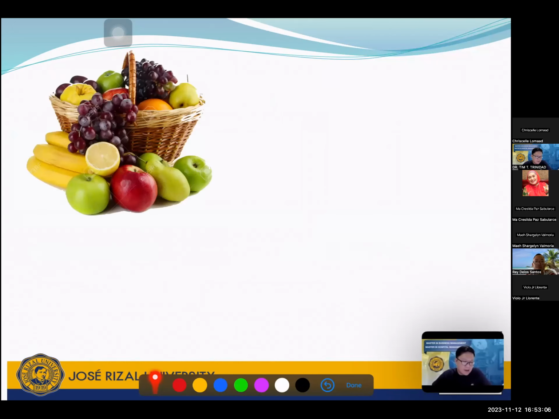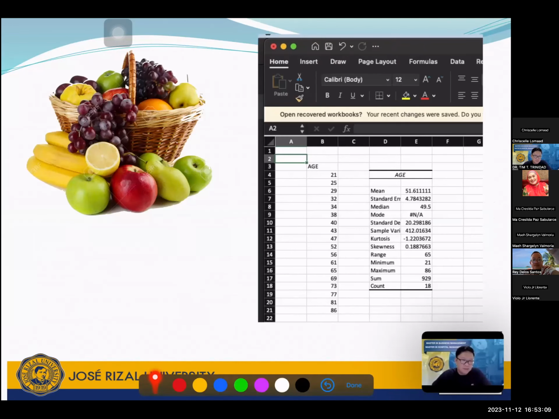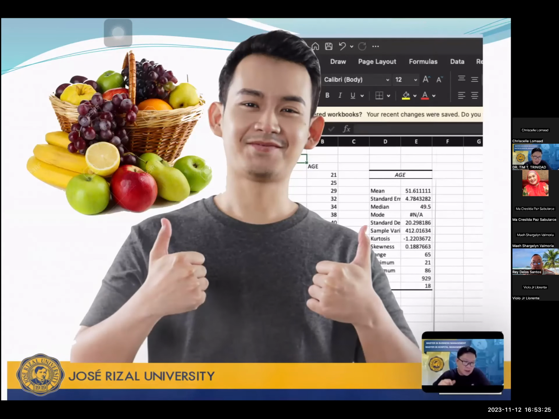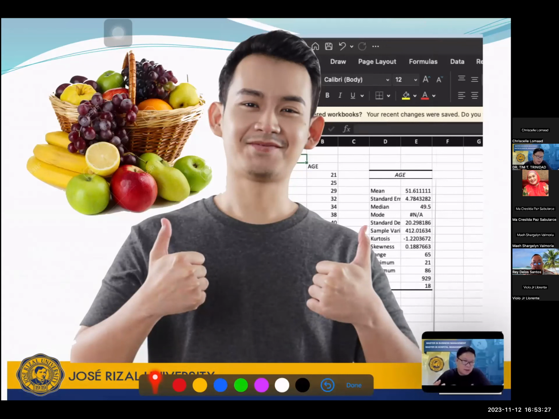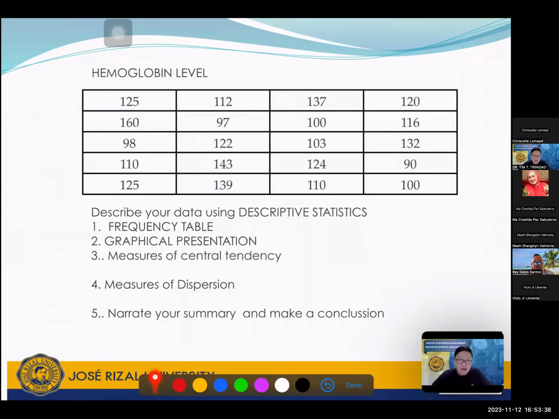But first, again, we were able to vividly picture or describe the information about this basket of information by giving you the summary statistics as well as the frequency tables and graphics, and that way you will now be able to present all the information that you want to your readers or spectators. Okay? Any question?